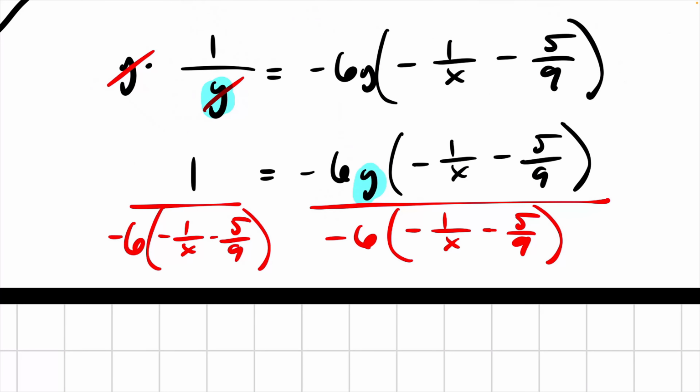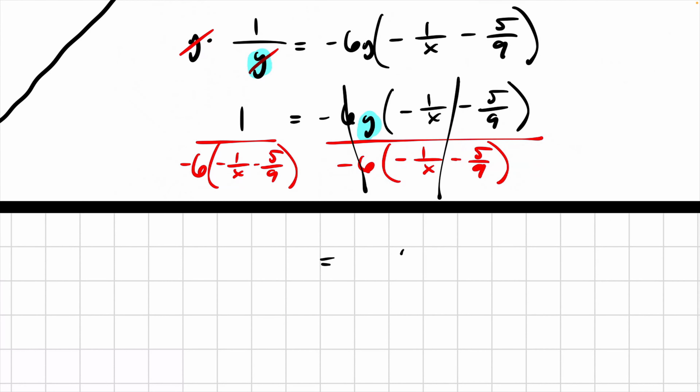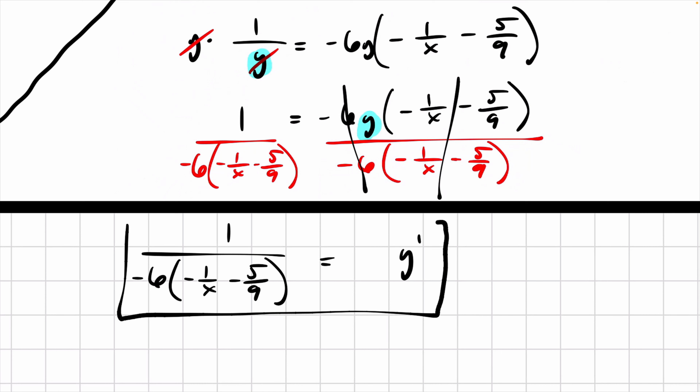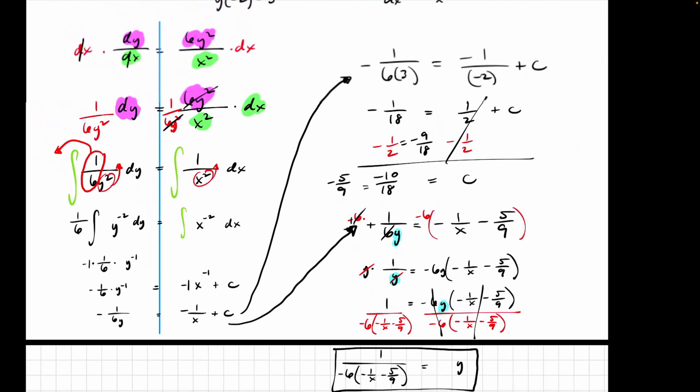Because it's all multiplication, -6 divided by -6 makes 1. Parentheses divided by parentheses make 1. So I have y by itself on top like I want, y to the first, over this. And you're done. You don't have to put y to the first. I just put it to show that it's not over a fraction. Okay, so this whole thing.